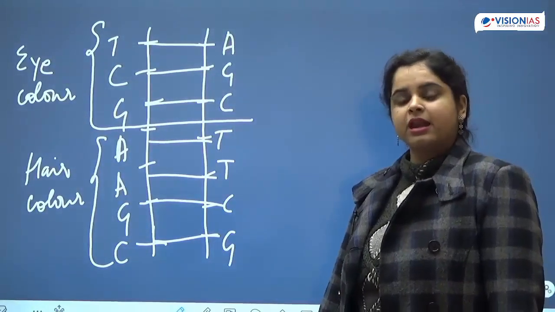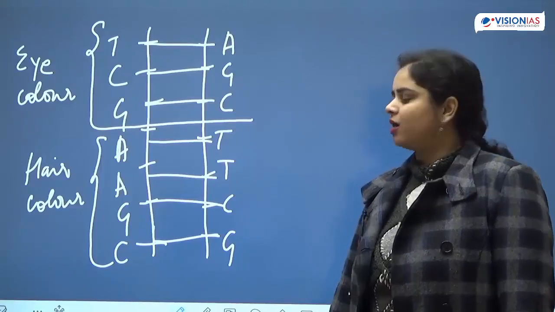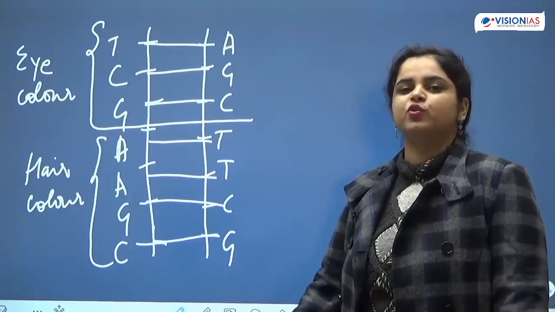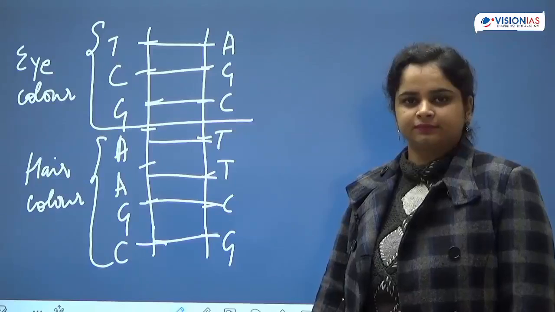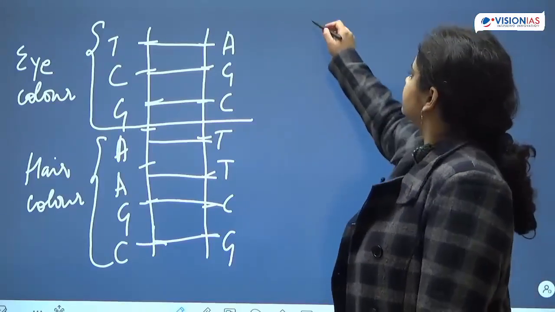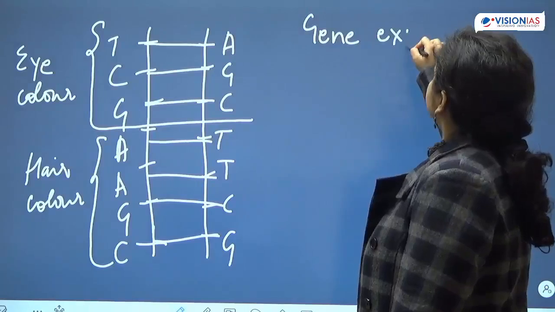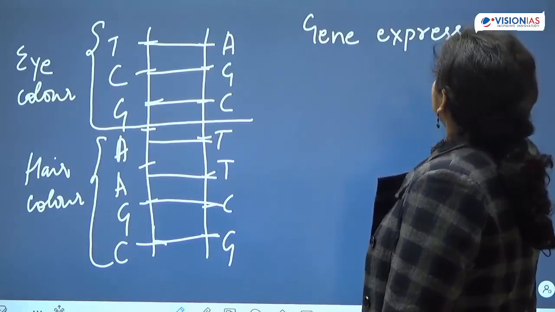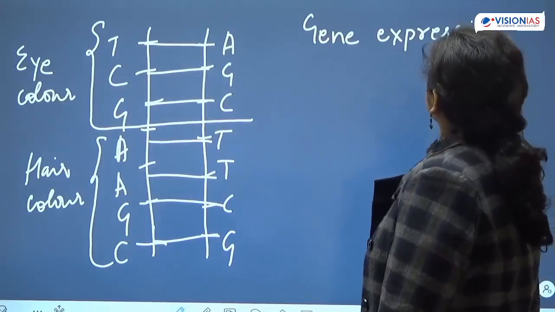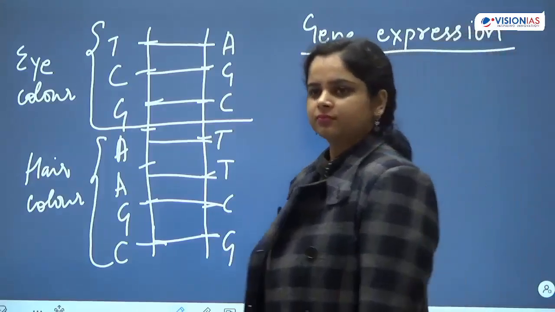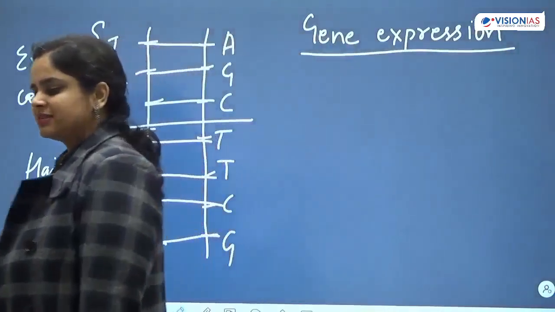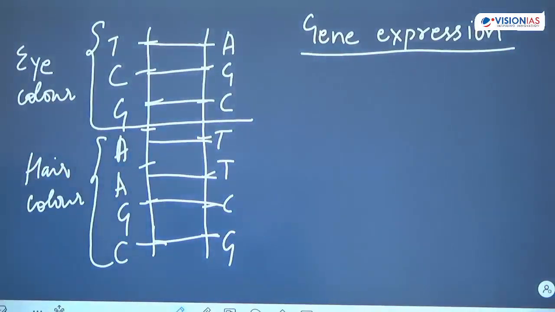Okay. Now we are going to see how these genes are actually going to show their effect. Okay, we are going to talk about a concept in which we will see how this gene will express itself. The concept is gene expression.